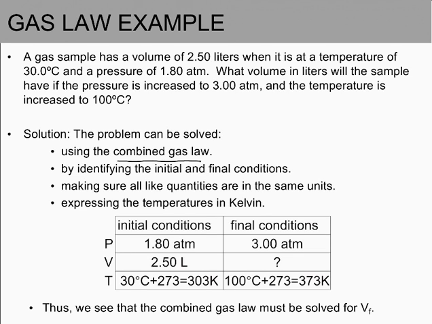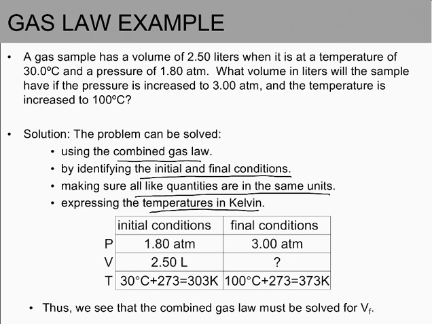And then we also identified the initial and final conditions. We also made sure that all quantities that are alike were in the same units. So all the temperature quantities were in Kelvin. All of the pressure quantities were in atmospheres. And of course, we expressed temperature in Kelvin.